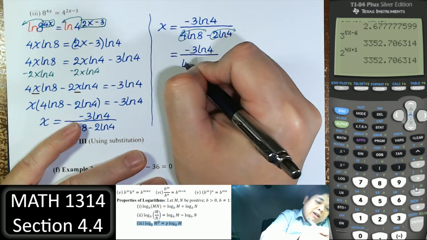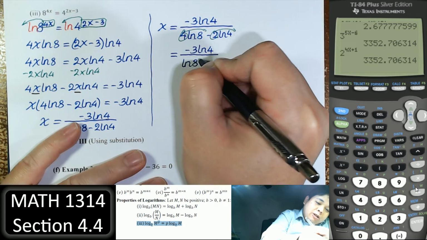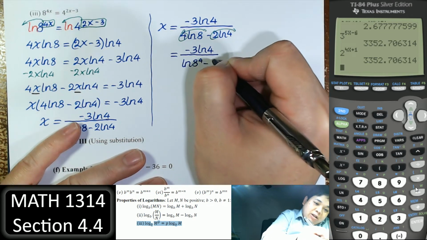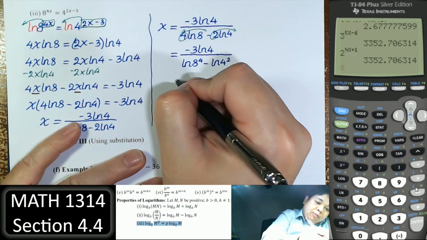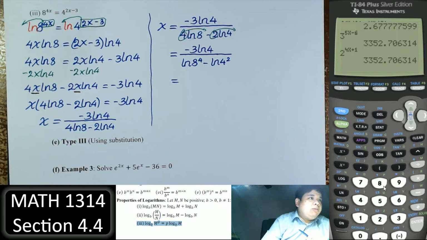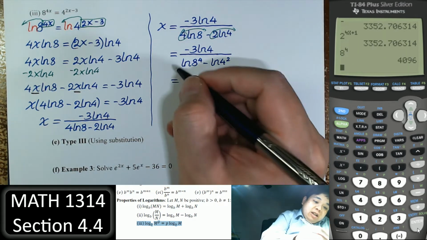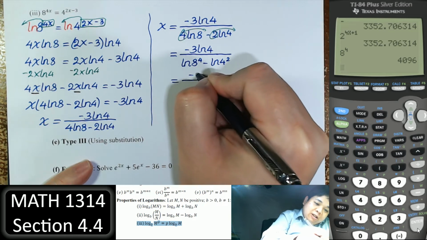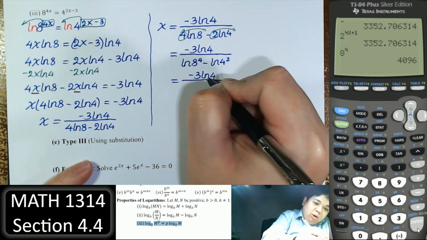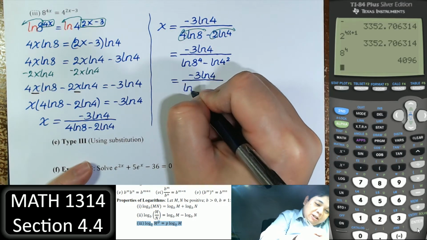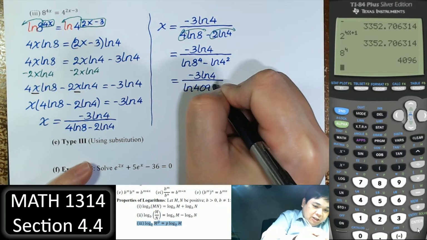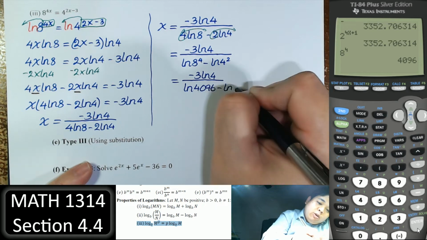So we have ln of a to the 4th minus ln of 4 squared. Right. What's a to the 4th power? 4096. Yeah, we don't know what happened at the bottom yet. So ln of 4096 minus ln of 4 squared, 16.